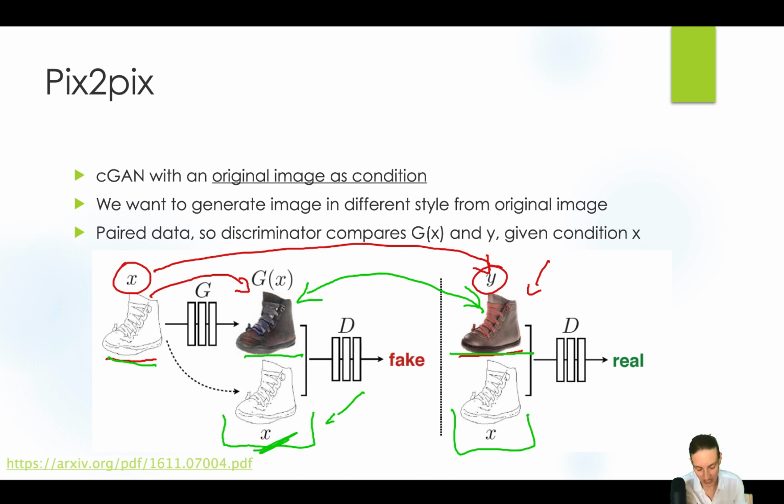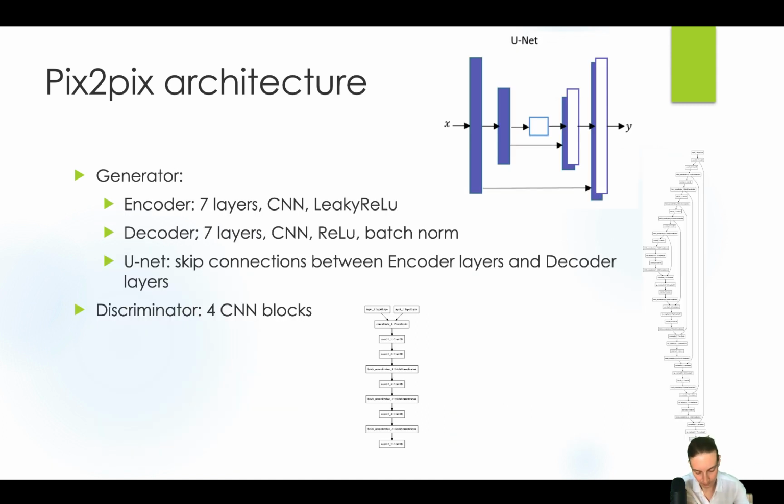And while all this is happening, the original image is given as a condition to the network to make sure it's still resembling it. So in this case, the key is paired data is necessary. It doesn't have to be images. We could try to do translations of sentences, or maybe sentences spoken in one accent that we want to transfer to another accent. That could be an example of paired data.